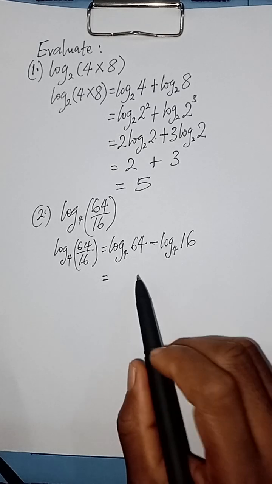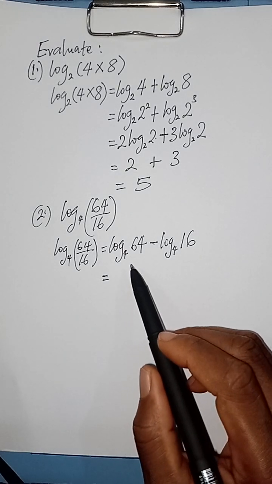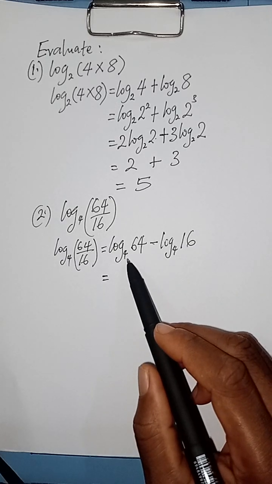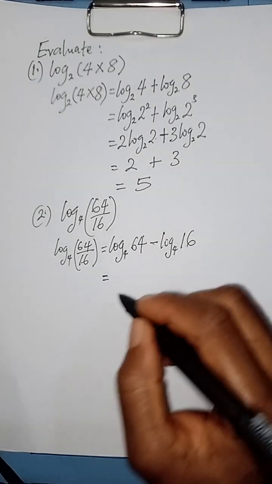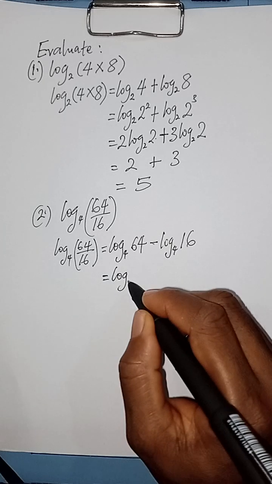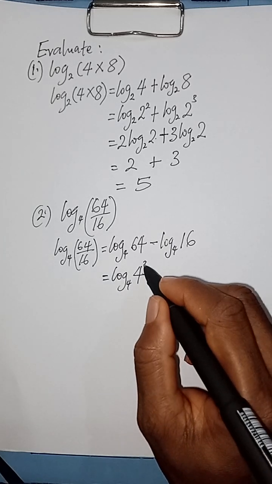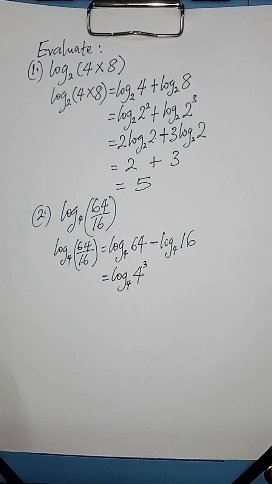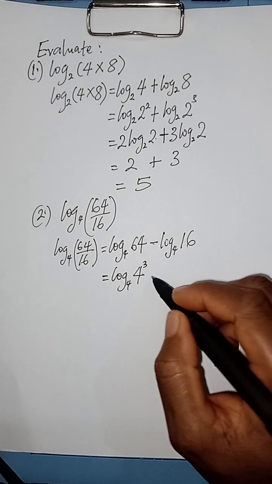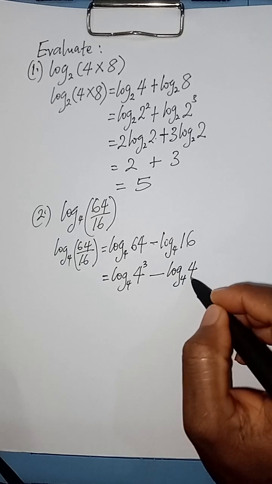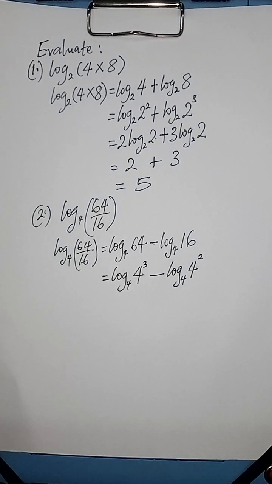Because the base is 4, we have to express 64 and 16 in indices of 4. So this is log 4 raised to power 3, which is 4 times 4 times 4, that's 64, minus log 4 raised to power 2, which is 4 times 4, 16.